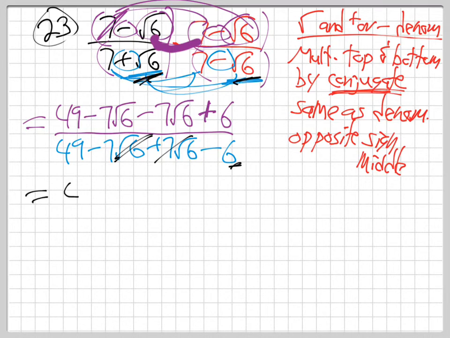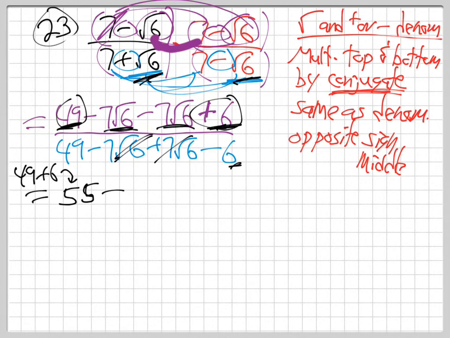So what do we have now? Actually, this 49 and this 6 can add together to be 55. So 49 plus 6 made that 55. Minus 7 root 6 and minus 7 root 6 is minus 14 root 6.